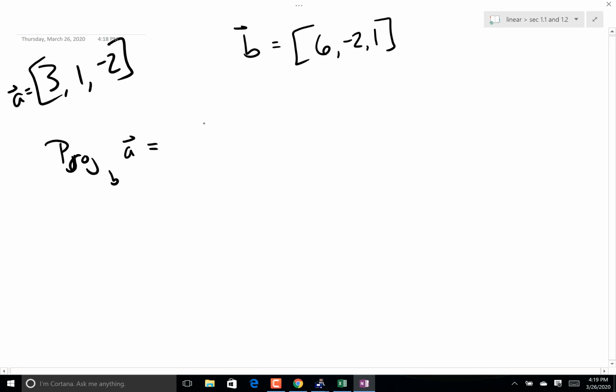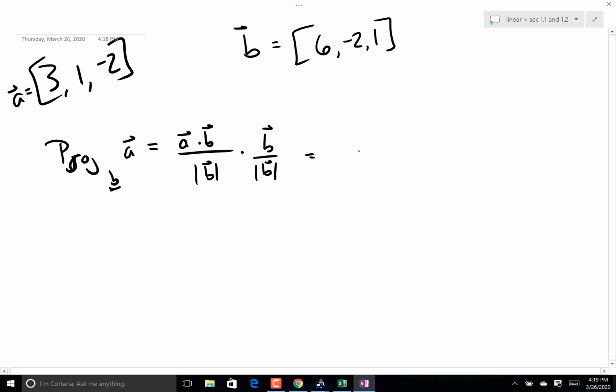So when you do it, again, the formula will be the same, except that you're going to have B. Whoever you're projecting onto is the one that shows up all the time. That makes sense? And you'll only have one of the other ones. So let's see what happens here.